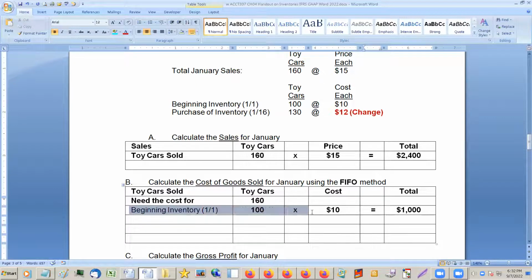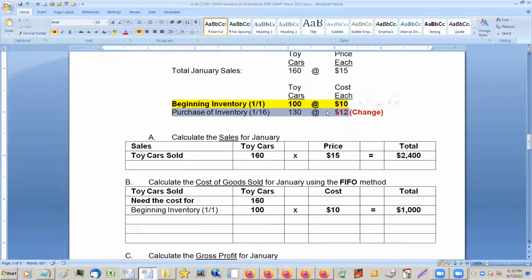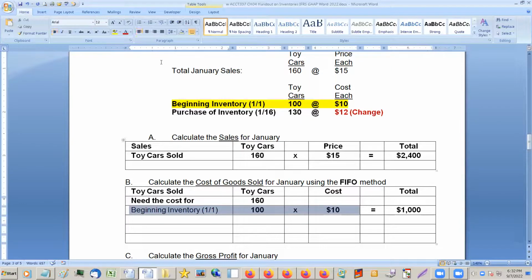Okay, so the first one, 100 times 10. So this will be crossed out, and now these are gone, they're never coming back.